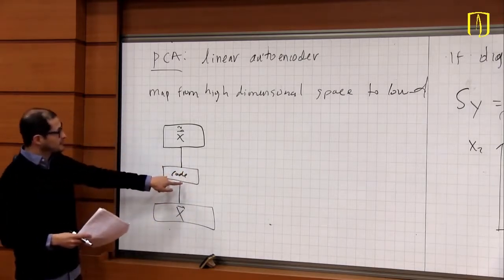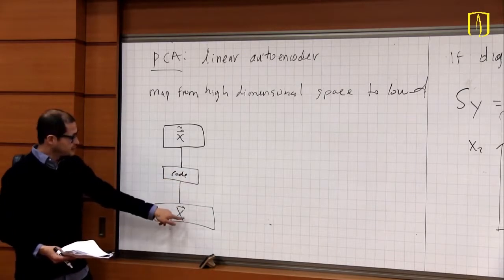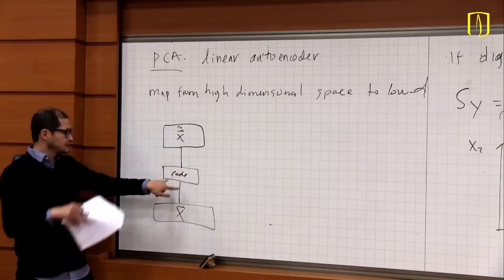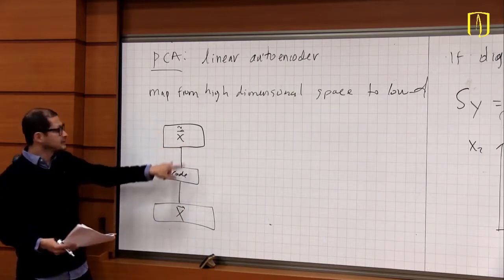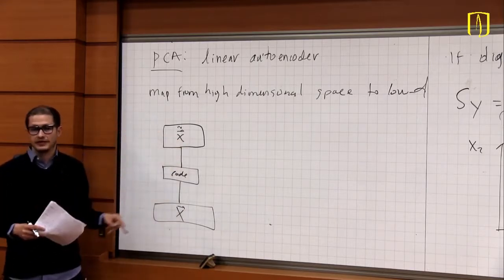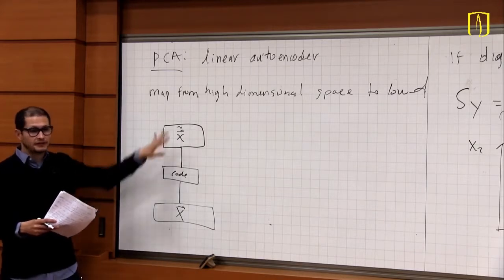This is why they call it autoencoder: you start from X, you encode it in a code, and then you decode it back into the original space as an approximate reconstruction of the original data.